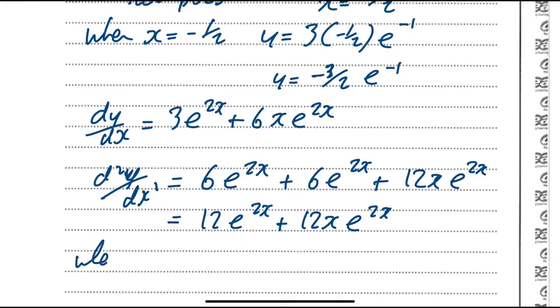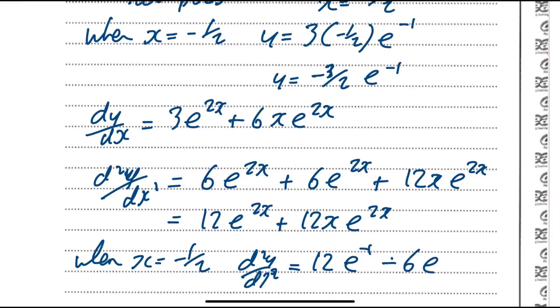Now when you put in your x value, which you knew of the turning point was minus a half, your d2y by dx squared works out to be 12 times e to the minus 1, and then minus 6e to the minus 1.